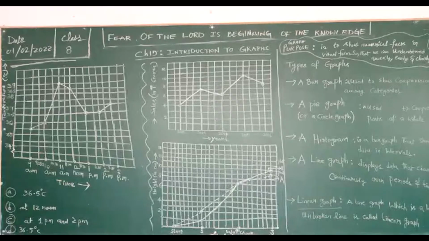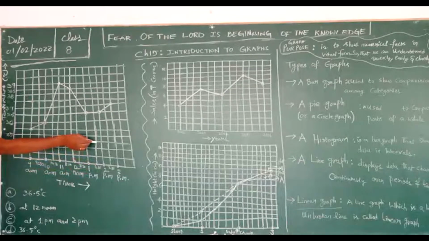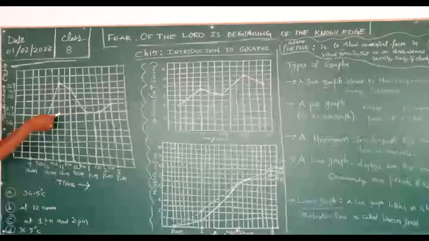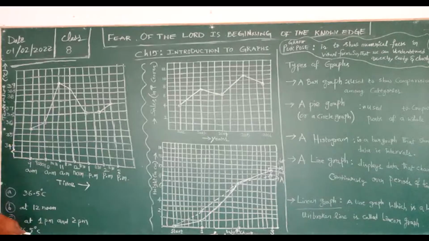Arukshita said 36, not 36, it is 36.5. Check the point on the board. The line goes up and here it stops. If you go through this line, it is 36.5 degrees Celsius. That is the reason.